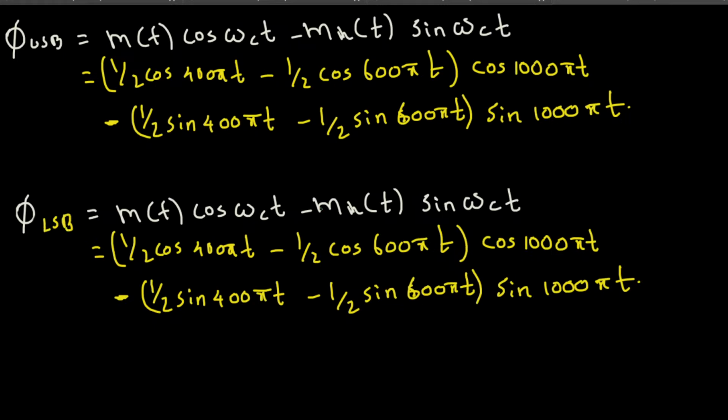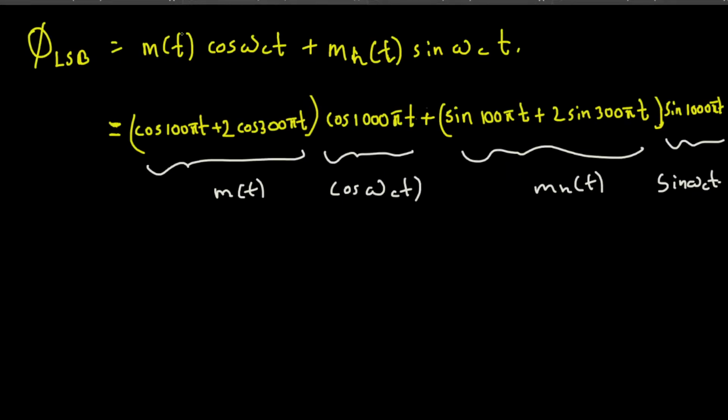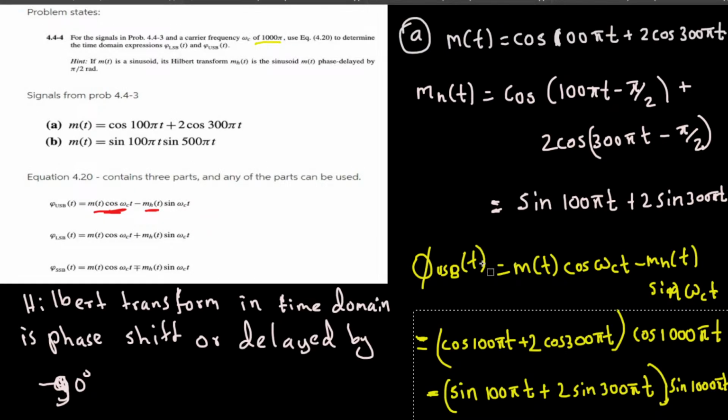For this one, the minus turns into plus, and this minus turns into plus, and that's it. That's our LSB expression in time domain. And you can also mention time domain here as well, of t. And here also for this one we can just mention this is expressed in time domain.